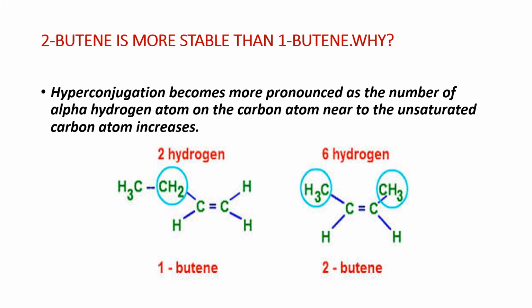Hyperconjugation becomes more pronounced as the number of alpha hydrogen atoms on the carbon atom near to the unsaturated carbon atom increases. In the case of 1-butene, there are only 2 alpha hydrogen atoms, but in the case of 2-butene, there are 6 alpha hydrogen atoms. So, in the case of 2-butene, there are 6 hyperconjugative resonance structures. But in the case of 1-butene, there are only 2 hyperconjugative resonance structures. So, 2-butene is more stable than 1-butene.